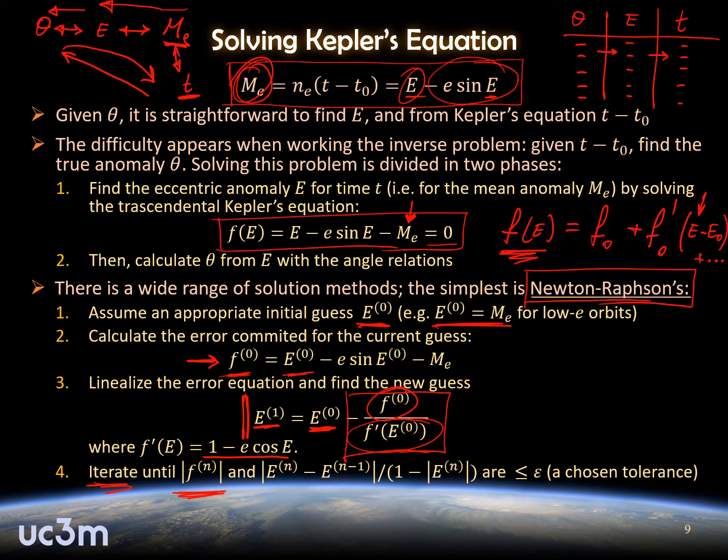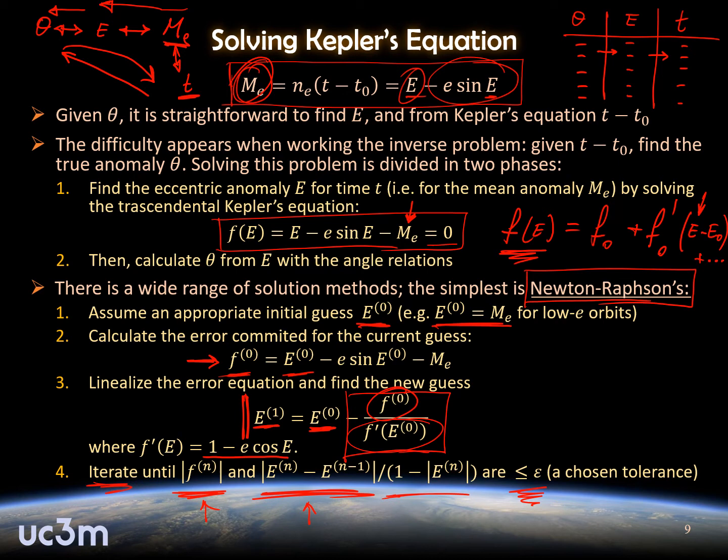And we can also check the variation of E between the new guess and the previous one. We can normalize it with this if we want. If the error and the variation from the previous guess are smaller than a given tolerance that we can choose a priori, which can be arbitrarily small, then we conclude that we have the solution with the accuracy that we are looking for, so we can stop the iteration and declare that this guess that we have right now is the solution that we want.